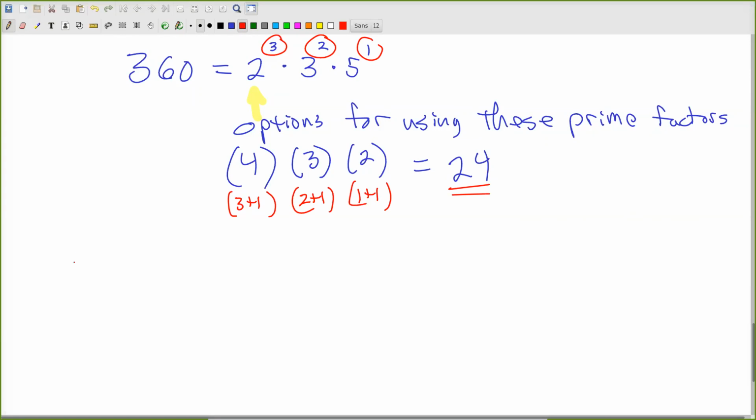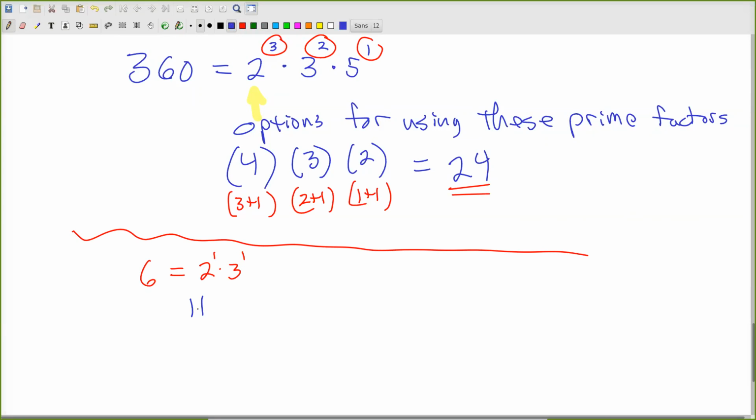So I'm just going to test that theory again here on the number 6, real simple one. We know that 6 is equal to 2 times 3, which is 2 to the first times 3 to the first. So if I want to use that to consider the number of factors total that the number can have, the 2 is either present or not, so that's 2 ways to use it.